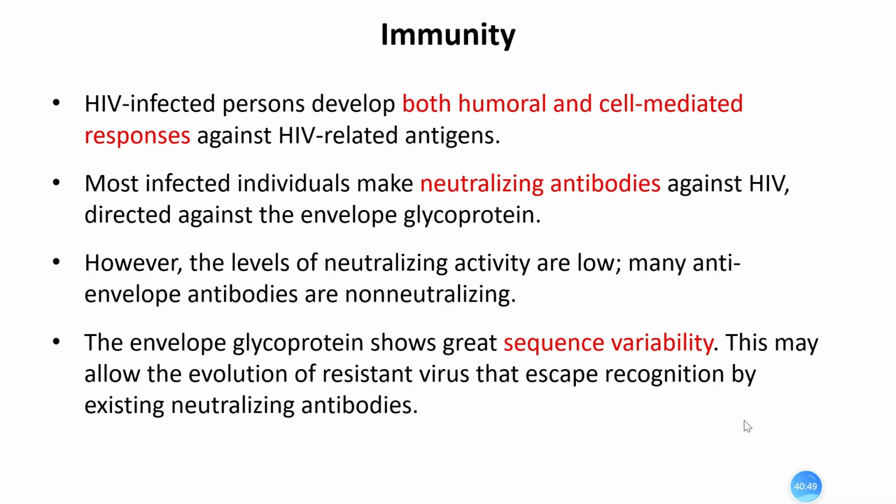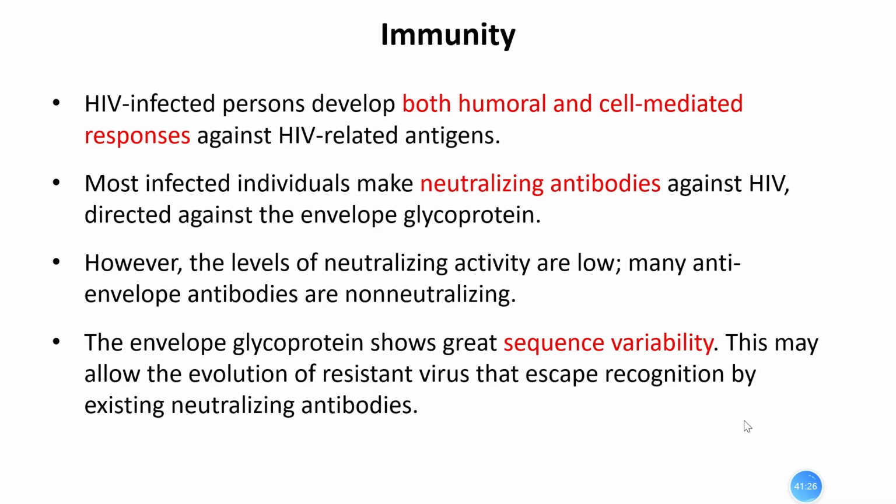And the reason behind this great sequence variability of GP120 is due to the property of retrovirus reverse transcriptase. Okay, the reverse transcriptase is a DNA polymerase, but its proofreading ability is very low. So when it makes DNA from RNA, it's possible that it induces mutations in the sequence.